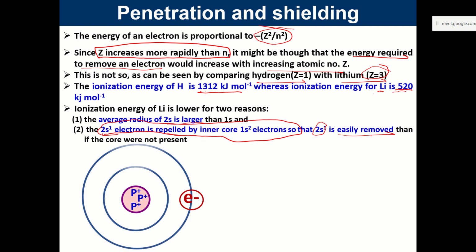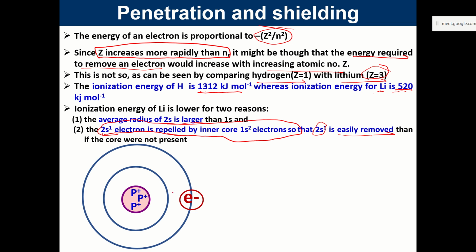This is the point that we need to understand. So visualize this outermost electron in the lithium. This is the electron in isolation. We are considering individually the third electron in the 2s shell, second shell.